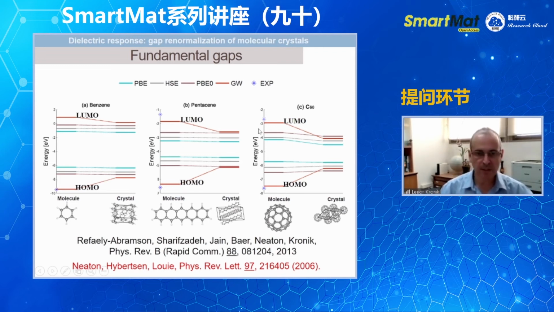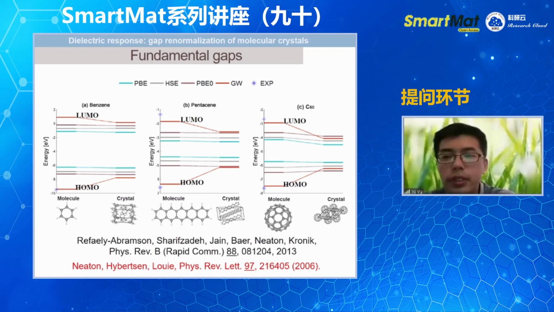So it will not be as large an effect as this because I only have a two-dimensional dielectric response and not a fully three-dimensional dielectric response. But yes, as soon as there is some dielectric response, then there is some renormalization because there is some image charge. So yes, the gap will be reduced, not by as much as what you see here.